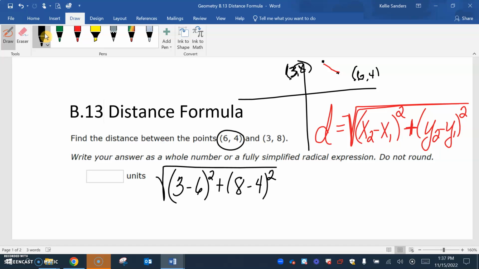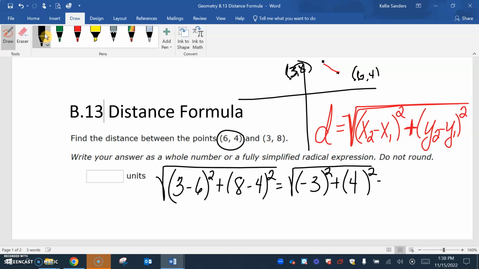It'd be a shame to know how to do 3 minus 6. I know I'm being sarcastic. But if you practiced it every once in a while, you might retain a little bit of knowledge on that. So 3 minus 6 is negative 3.